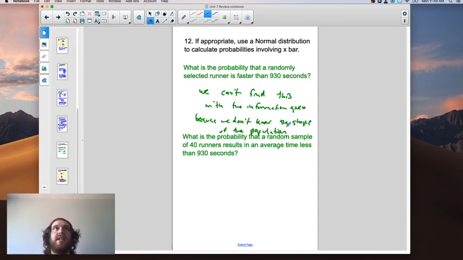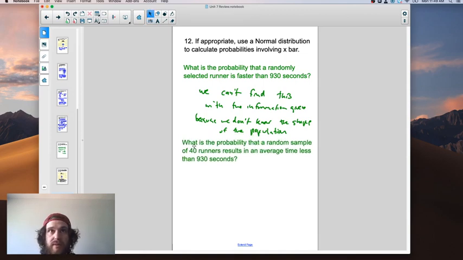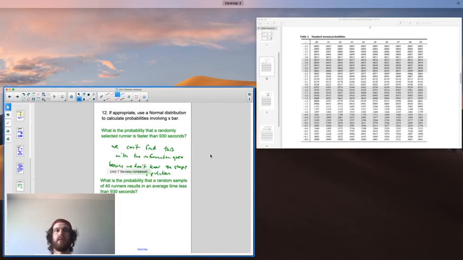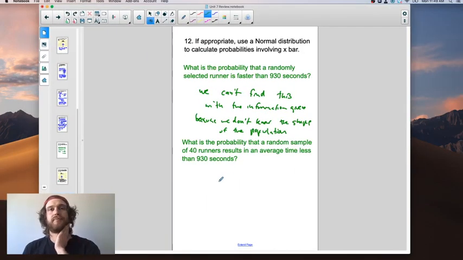What is the probability that a random sample of 40 runners results in an average time less than 930 seconds? We're fine. Here we are okay, because we have a sample size that is larger than 30.